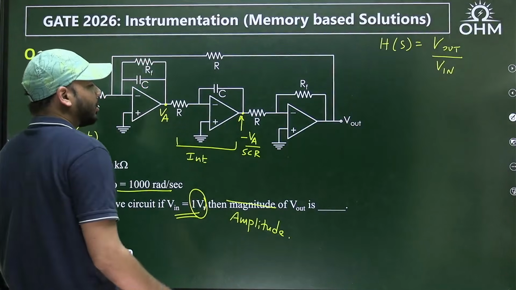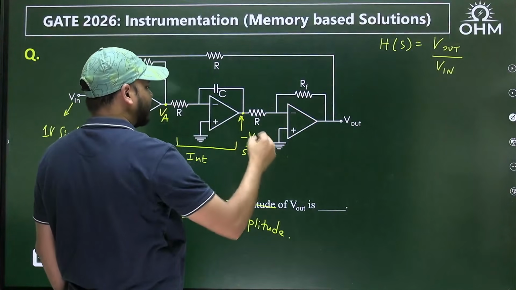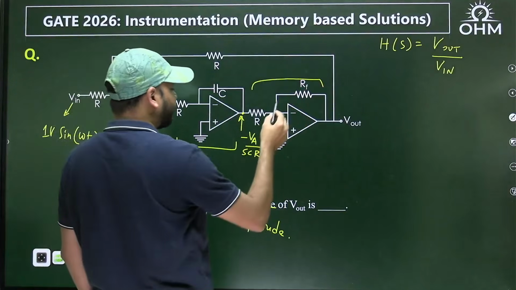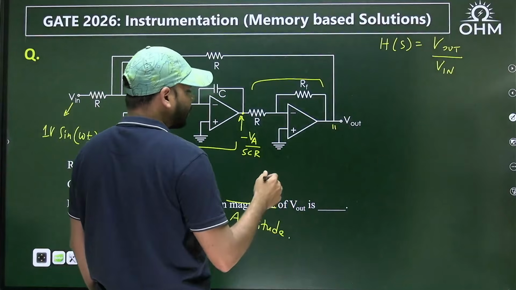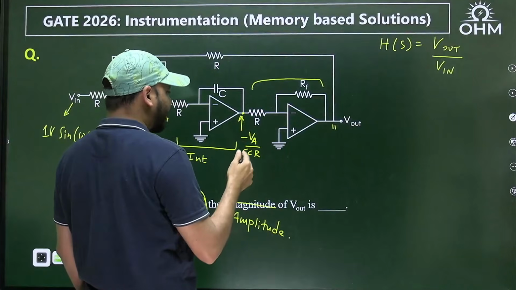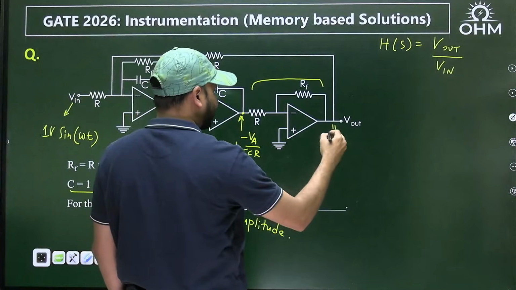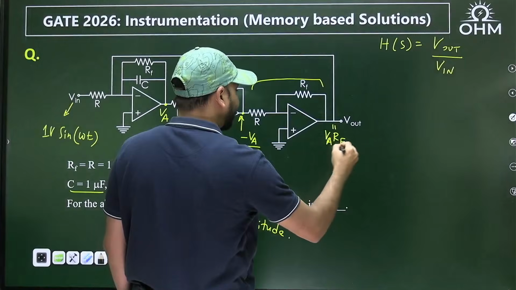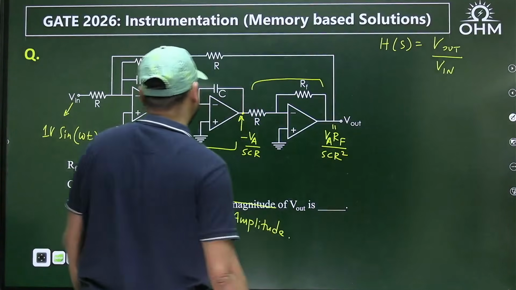And this minus VA upon SCR will become the input for this block, which is an inverting amplifier with a gain of minus RF by R. So the voltage at this point will be this input times minus RF by R. Correct. So when you do that, the minus will get cancelled, but the voltage here will be VA times RF upon SC R square.